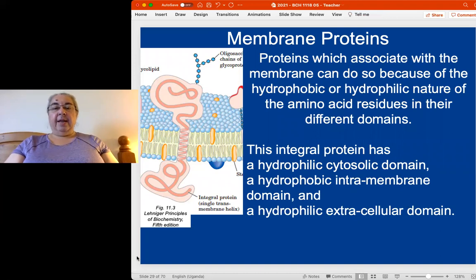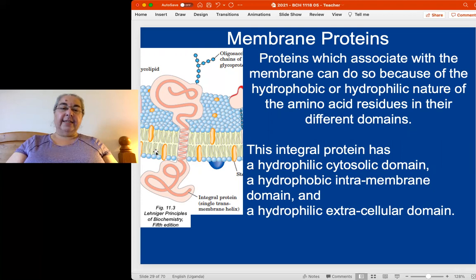So if we think about how a membrane protein is able to be associated with a membrane, I hope that you've taken notice of the lectures you've already had about proteins and about amino acids and about the way that different amino acids can give proteins different hydrophobic and hydrophilic characteristics. We've said that the inside of the lipid bilayer of the membrane is hydrophobic.